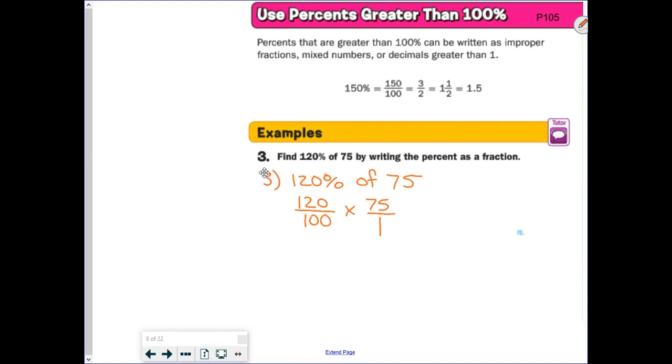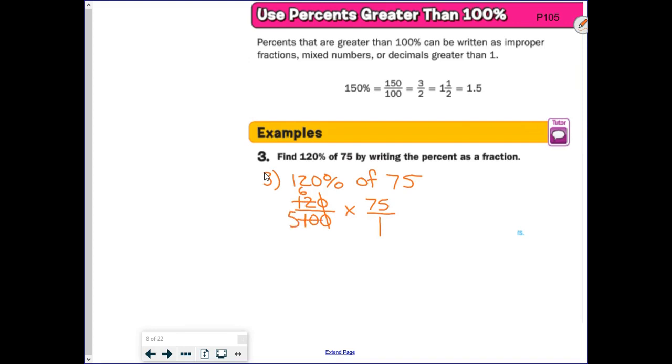We need to do some reducing, and we can do quite a bit here. First, I notice that I have some zeros stacked up with 120 over 100. So I can simplify that by marking off 1 zero from each of those numbers. Next, I can see that 12 and 10 are both divisible by 2, so I can reduce the 12 to a 6 and the 10 to a 5.